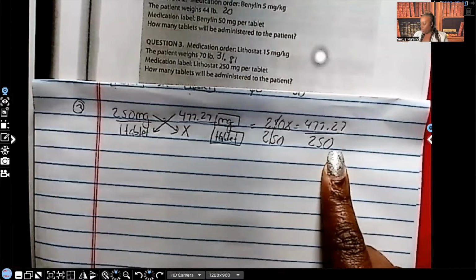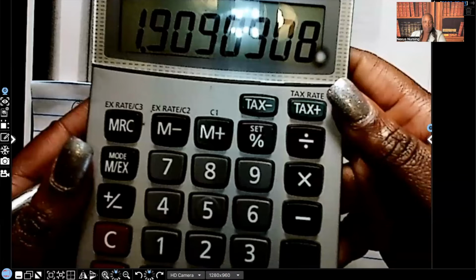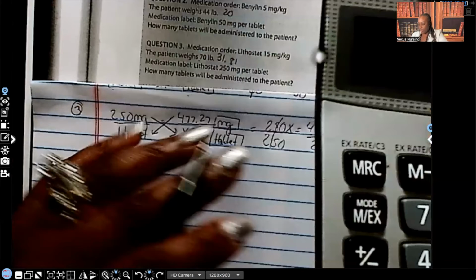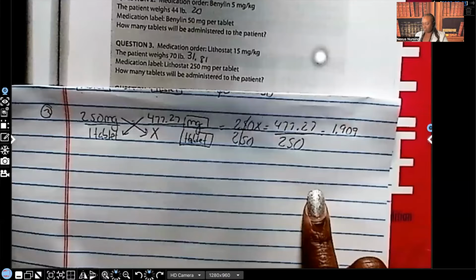So now we're going to do that 477.27 divided by 250. And what does that give us? 1.90909, etc. So let me write that down. 1.909, right?